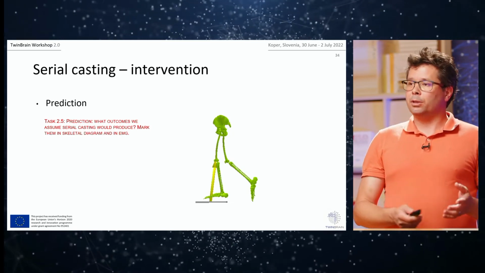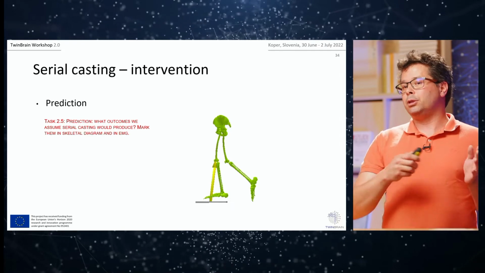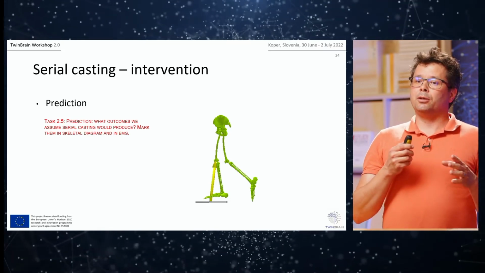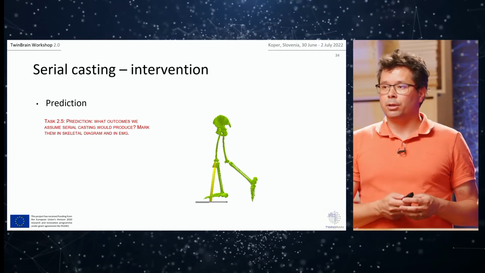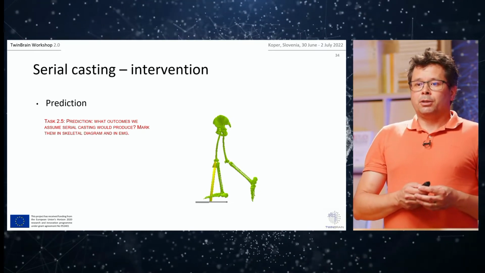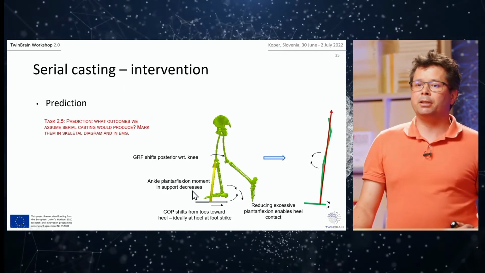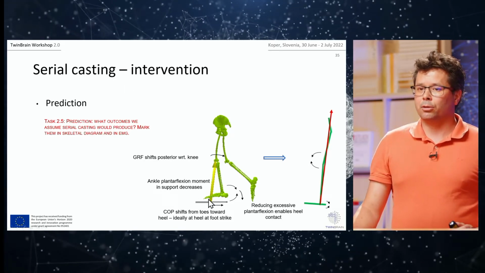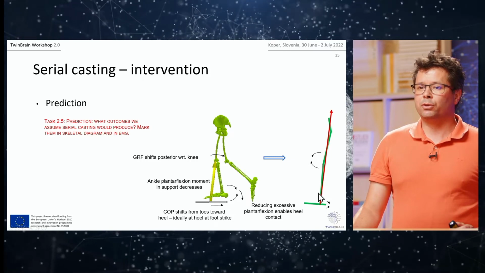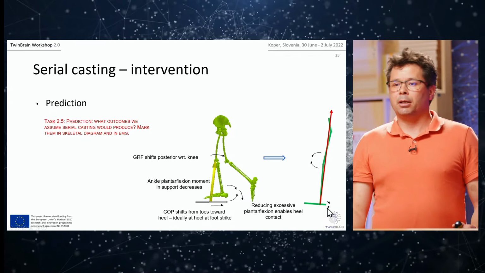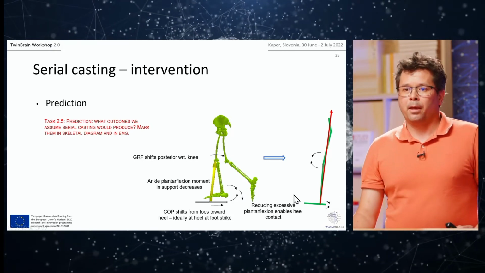If the serial casting reduces the plantar flexion and the toe walking is no longer present, one of the first changes we expect is that the ground reaction force, or the center of pressure, would shift towards the ankle, ideally towards the heel at the time of the foot strike.